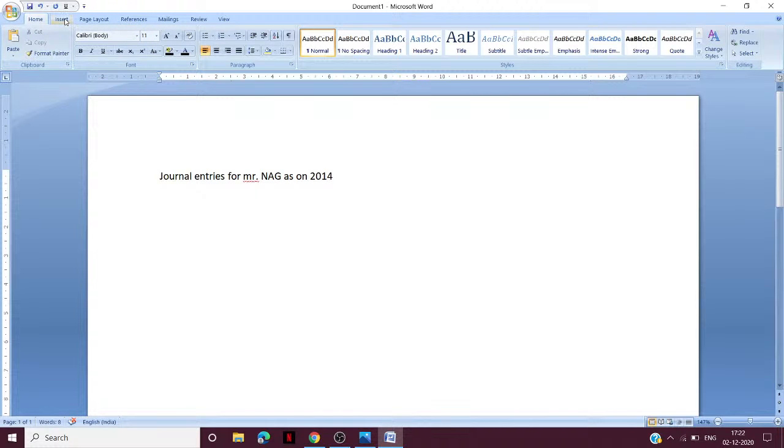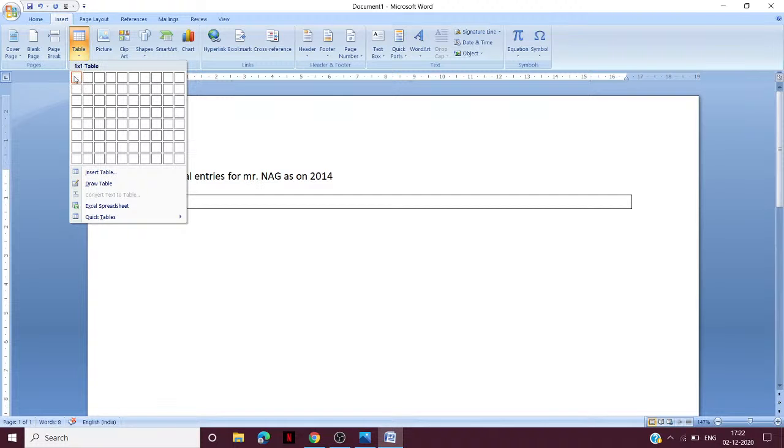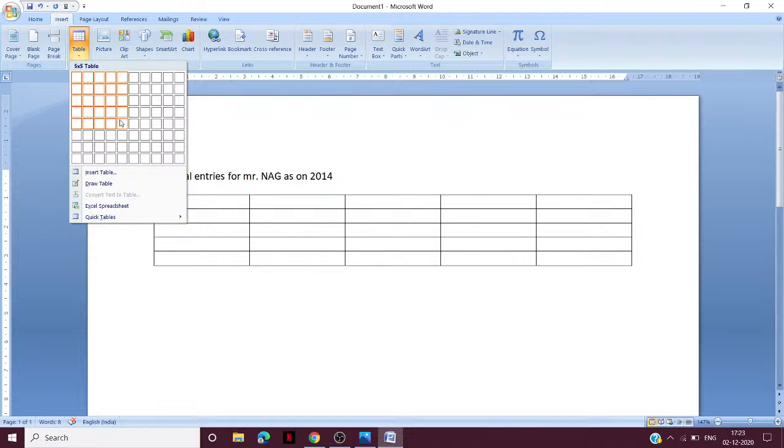So let us draw the table: date, particulars, ledger folio column, and two amount columns.